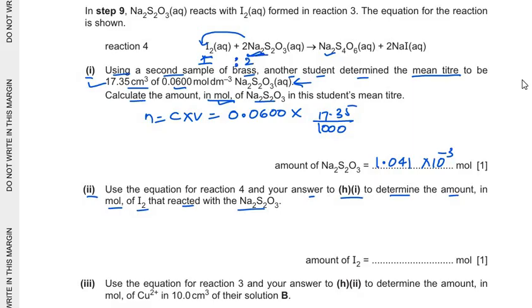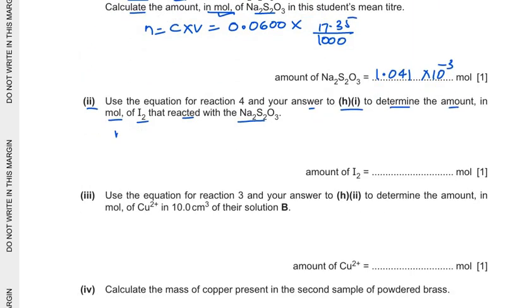So compared to sodium thiosulfate, iodine is half. So if we want to calculate the moles of iodine, we need to divide the moles of sodium thiosulfate by 2, that is 1.041 into 10 power minus 3 divided by 2. And if we divide it by 2, we get the answer as 5.21 into 10 power minus 4 moles.